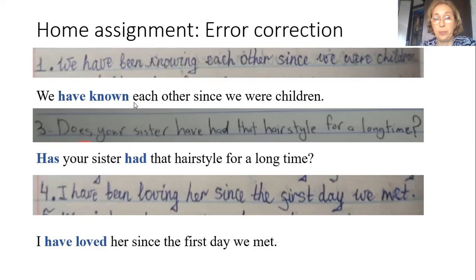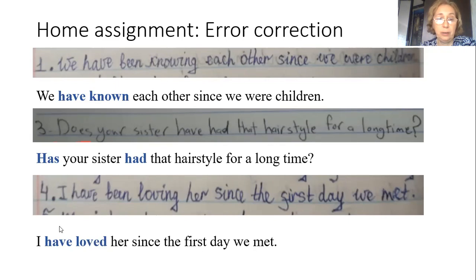This is just present perfect. Then: does your sister have had that hairstyle for a long time? The student wanted to use present perfect, but when we make up a question, we should use have or has at the beginning of the sentence. That is why it's better: has your sister had that hairstyle for a long time?